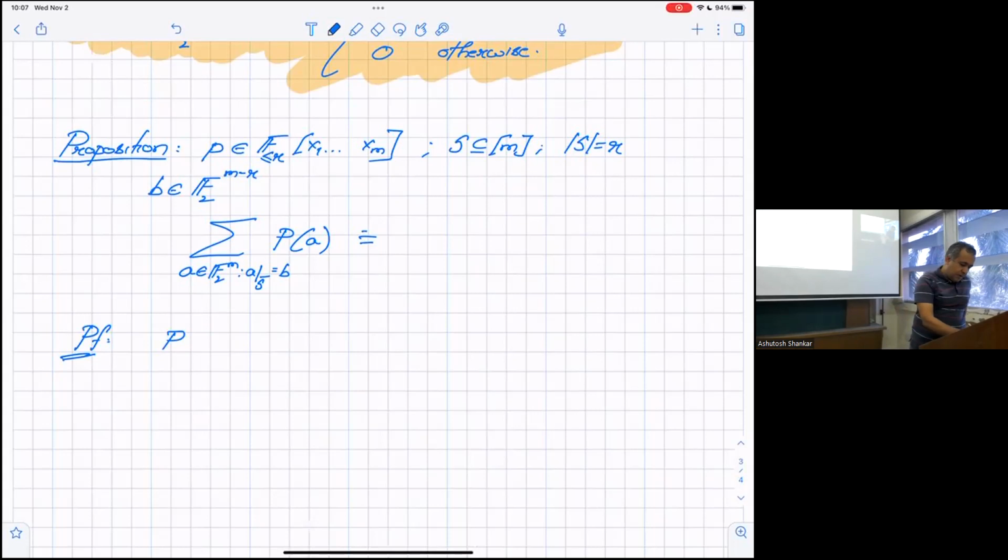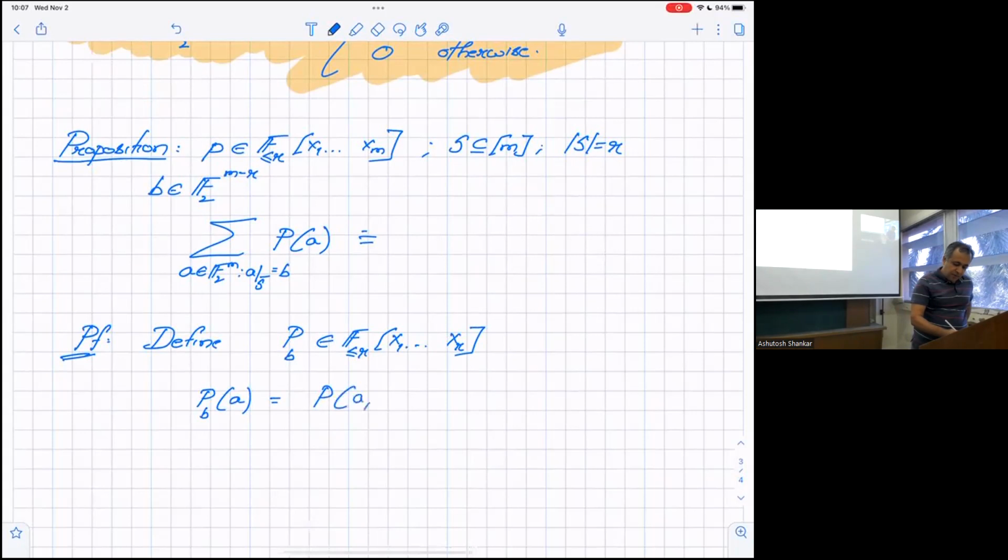To understand this, let's define the polynomial PB in F2 of degree less than or equal to R, in variables x1, x2, ..., xr, where PB of A is just P of A comma B. What do I mean by that?